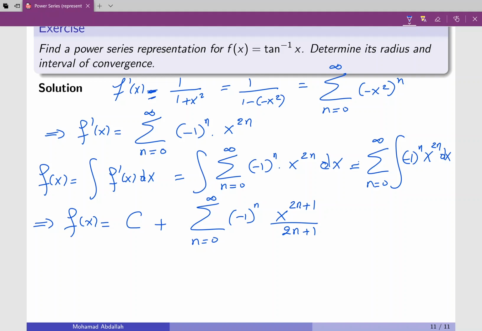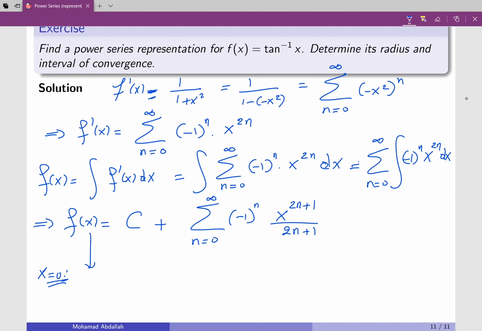Now, one thing we can do here is, I know what f of x is. F of x is tangent inverse of x. And I can find the constant in this way. When x equals 0, what is this equal to?